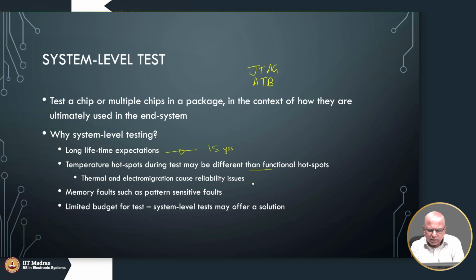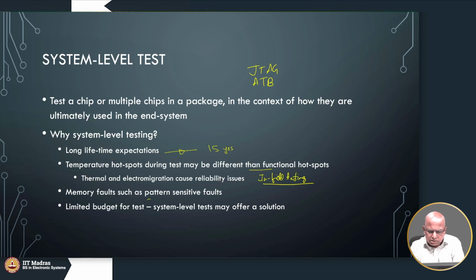So one should be aware, if I am going to do in-field testing, will I create some hot spots, causing aging effects and so on. That is the reason why system level tests have to be aware of their impact.